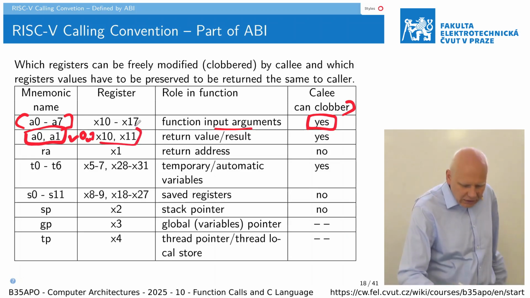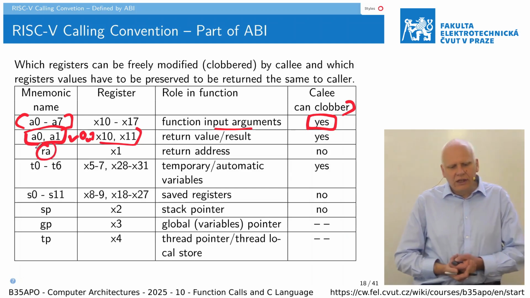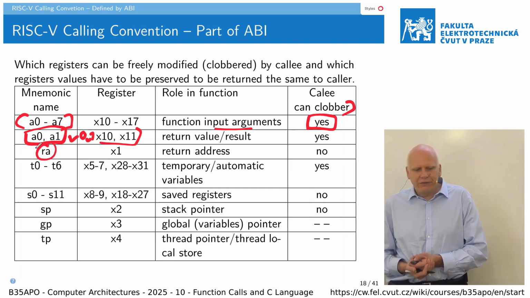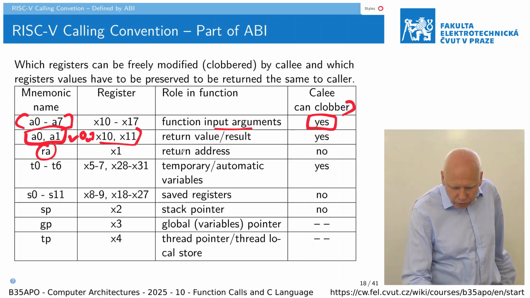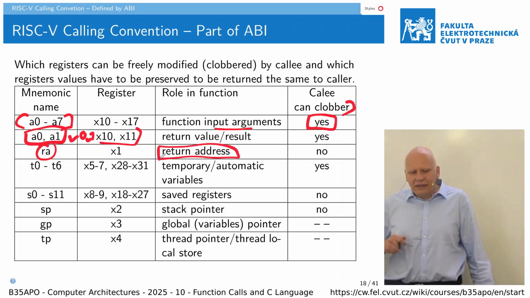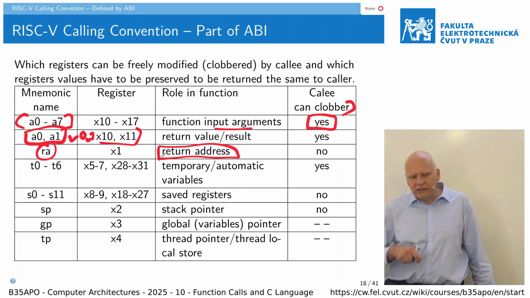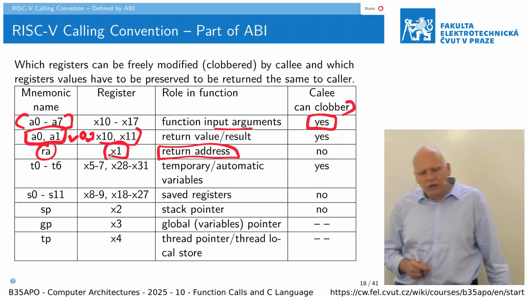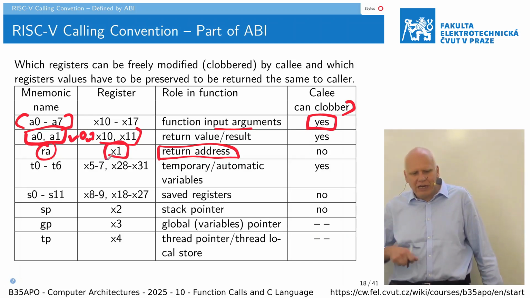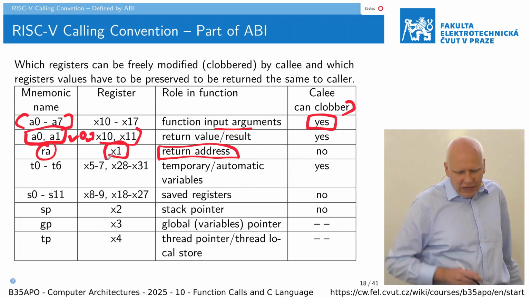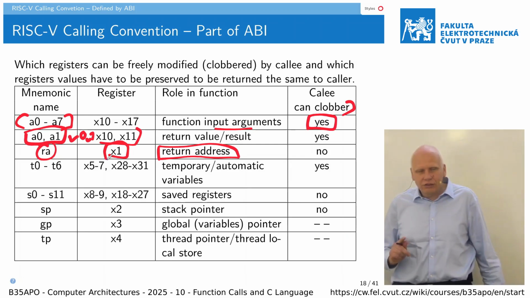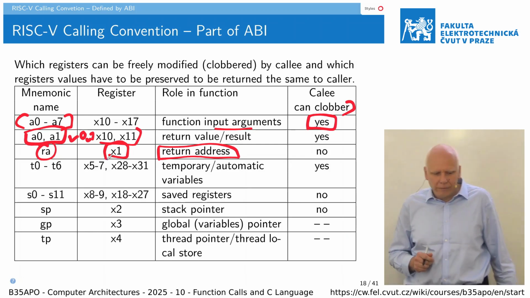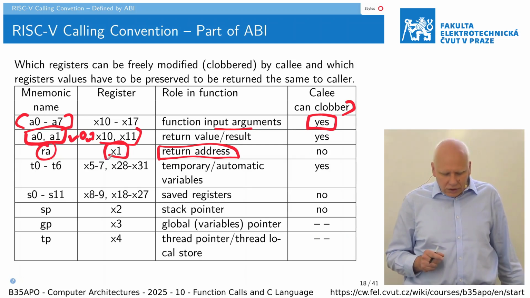Then there is the return address register, which has the specific purpose to store the return address. But in the actual instruction encoding, it is explicit, so it is possible to define an ABI which uses a different register as the return address. But it is not a good idea, because it would make problems for some predictions and so on.